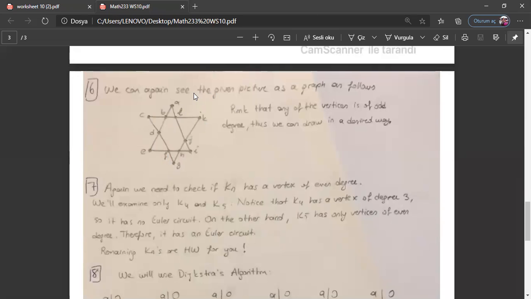Again, by using the theorem, it's already connected, so we conclude that there's an Euler circuit, which means we can draw such a picture.